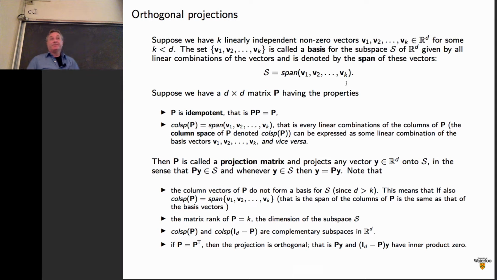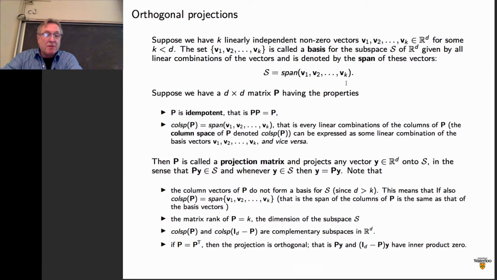Make sense? If I just project me onto the floor, and I do it again, nothing happens. So that's what idempotency is, and that's what makes it a projection matrix. Now, if it also happens to be symmetric, then it's an orthogonal projection matrix. Which, yes, I do mention it. Good.